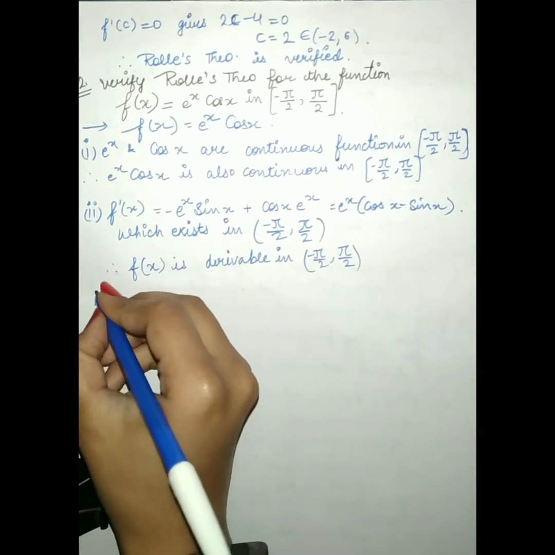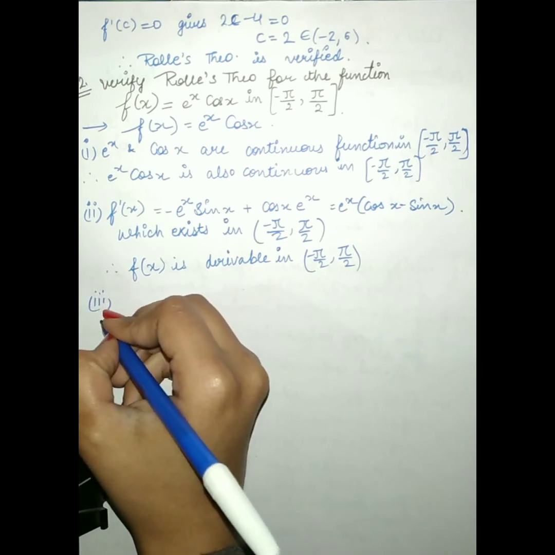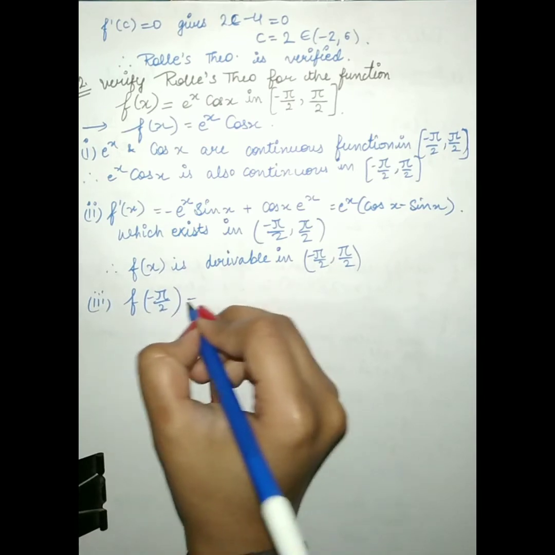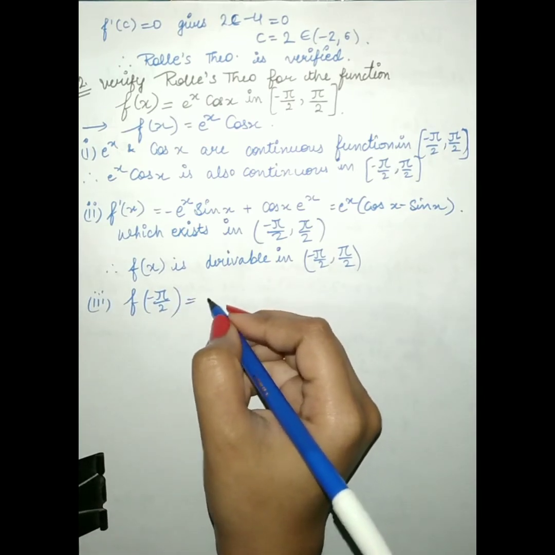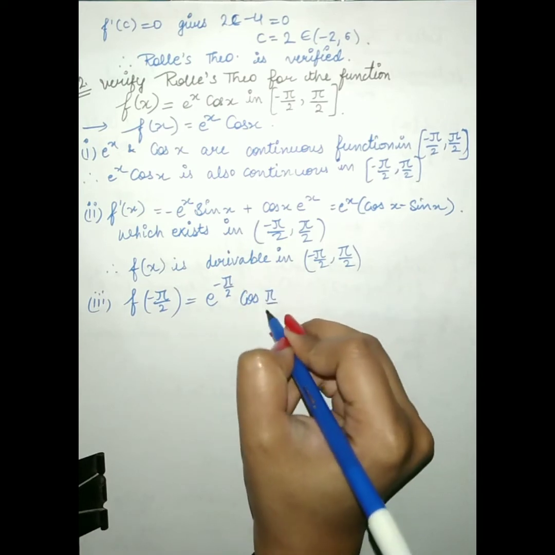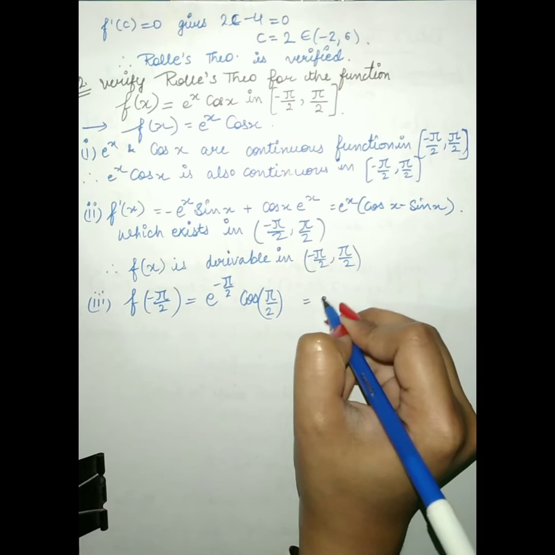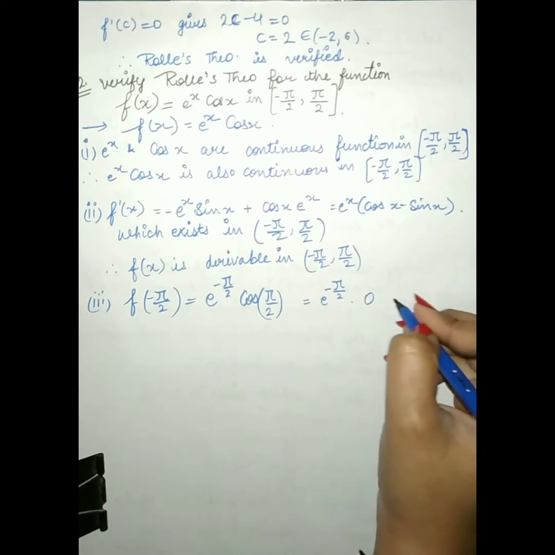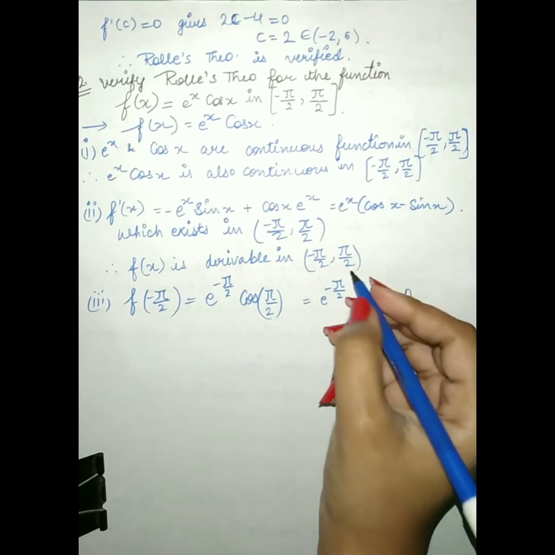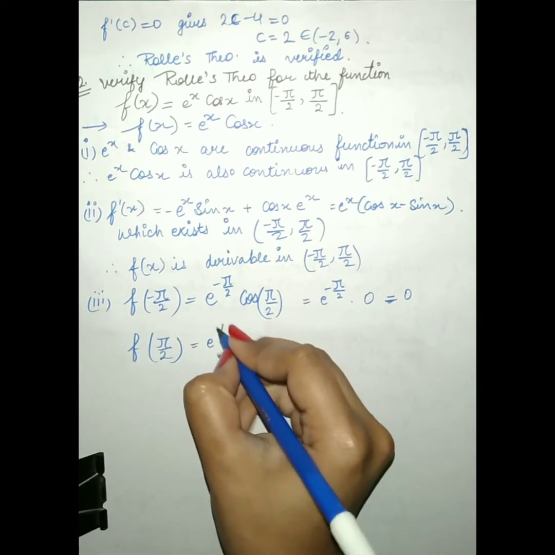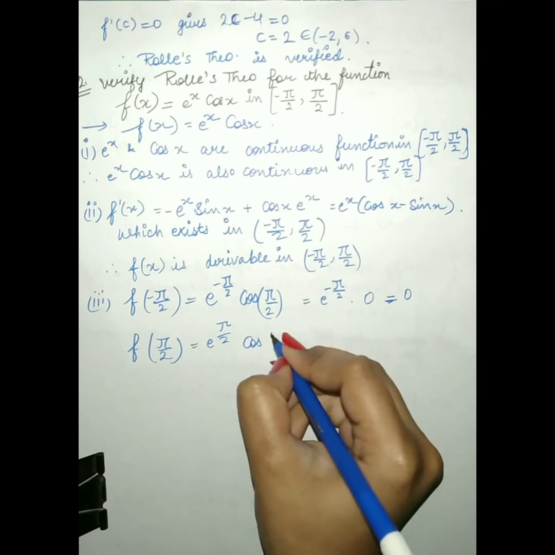Now we will find whether f of a will be equal to f of b. That means f of -π/2 will be equal to e raised to power -π/2 into cos π/2. It will become e raised to power -π/2 into 0. That means it will become 0. Now secondly we will find f of π/2, that means e raised to power π/2 into cos π/2.